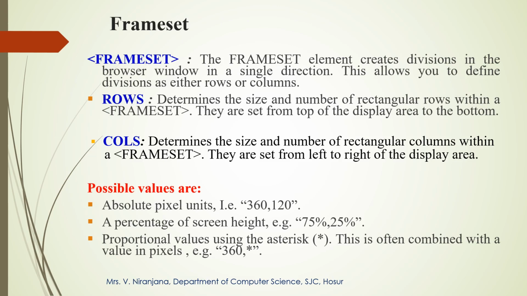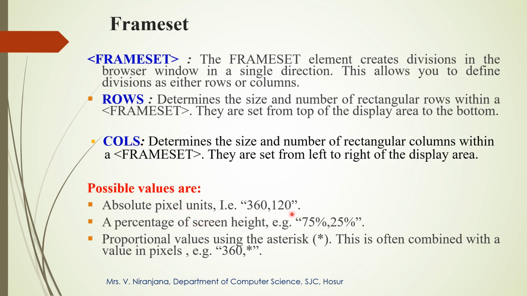So these are the tags, frameset, and in that you have rows and columns. Rows determines the size and number of the rectangular rows within the frameset. Cols will determine the size and the number of rectangular columns within a frameset. The possible values which you can give in these rows and columns are, you can give like this 360, 120, that is pixels.